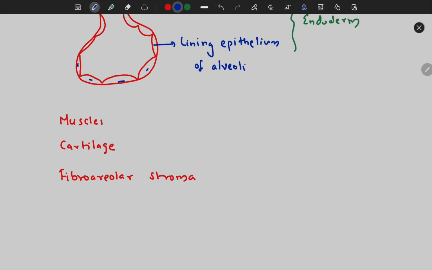And the muscles, cartilage and the fibroareolar stroma, otherwise the connective tissue, these components of the trachea and the lungs are derived from the visceral mesoderm, which is surrounding the foregut.